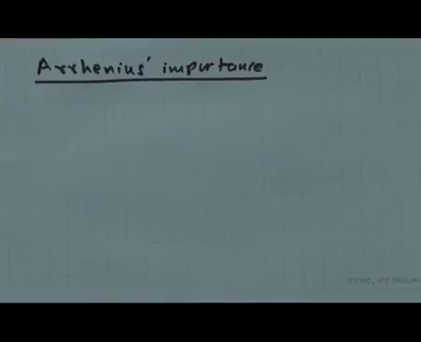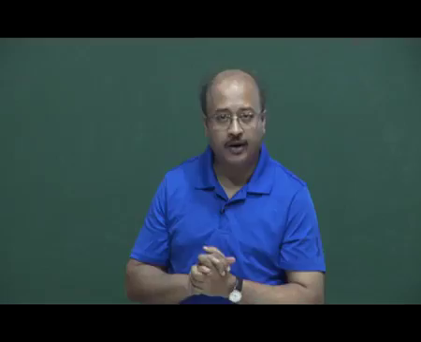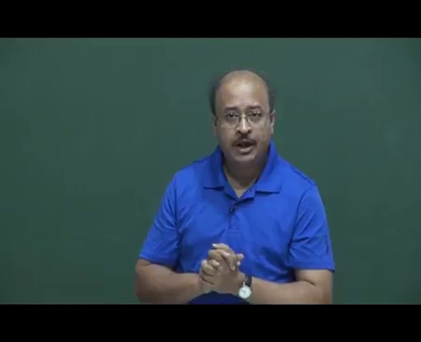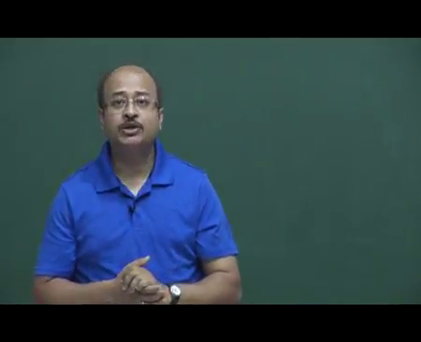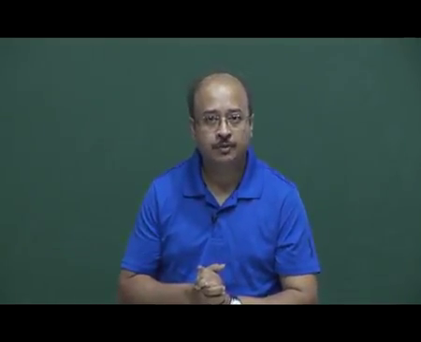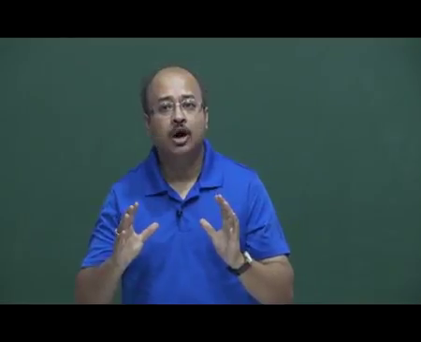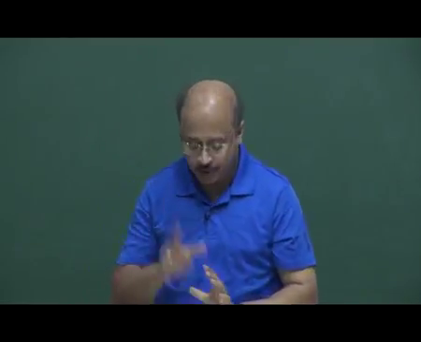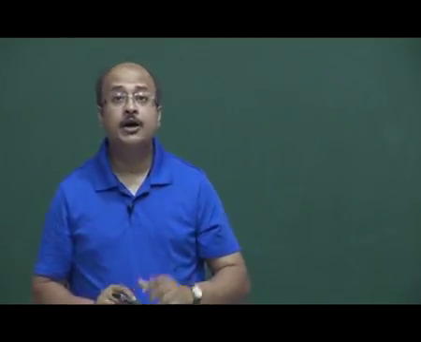So, Arrhenius accepted this approach by Van 't Hoff, right, and he tried to generalize it. He said that this is possibly applicable for any possible reaction, but how did he visualize the reaction happening? This is what he proposed.